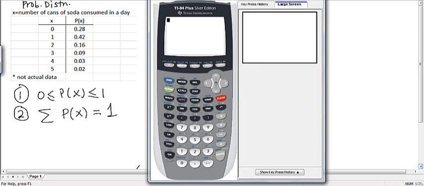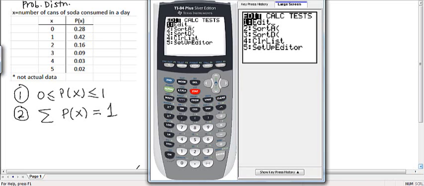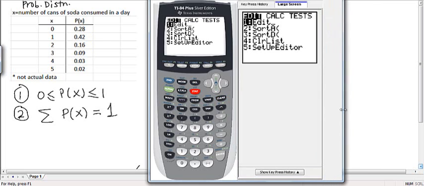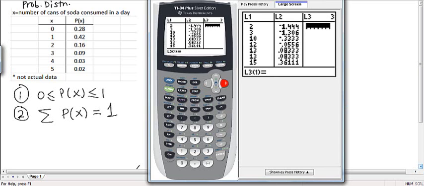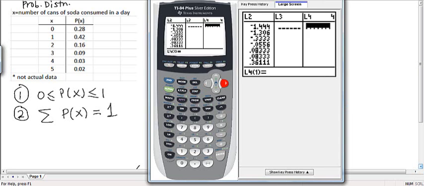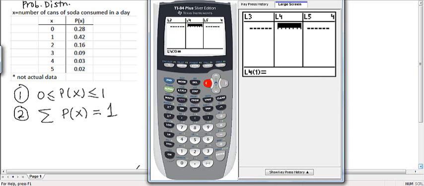So let's use our calculator to find the mean and standard deviation for this probability distribution. So first thing you want to do is put this data into our calculator. I'm going to go over to Stat, Edit, and let me put this data into some empty lists. So I'll just use list 3 and list 4.